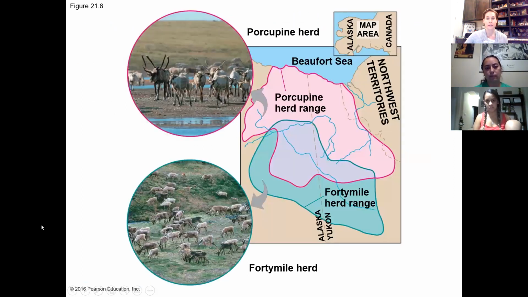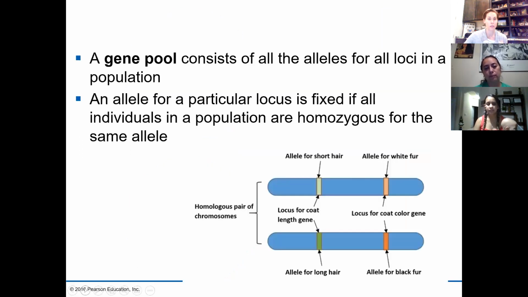Like in this example, there are these herds of, y'all guess what they are, moose or caribou, I guess is what they look like. Genetically, they're very similar, but they're technically two different populations. And although they overlap, for whatever reason, they don't interbreed with one another. So they're two separate populations.